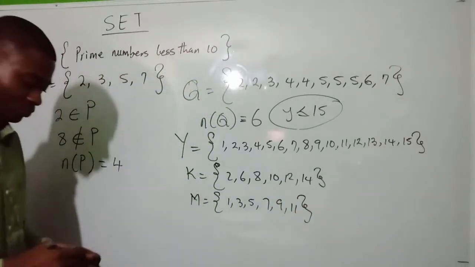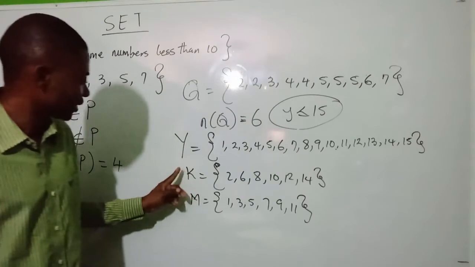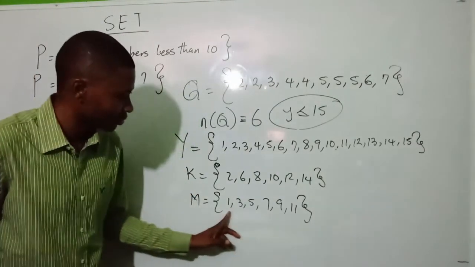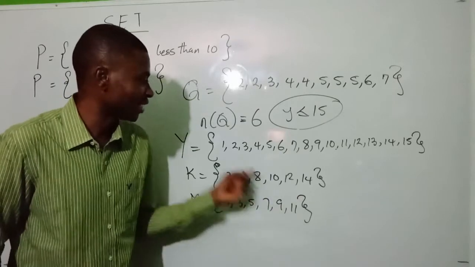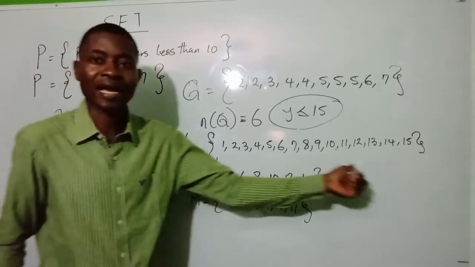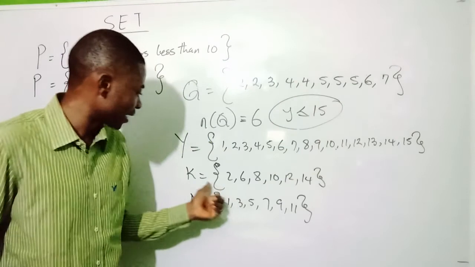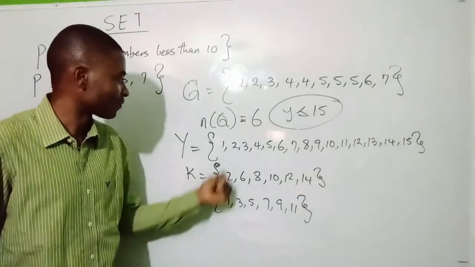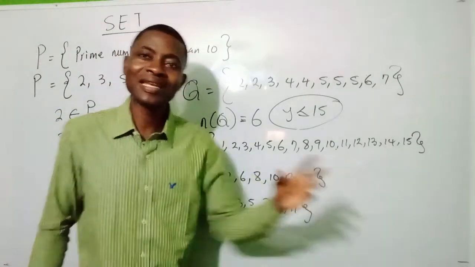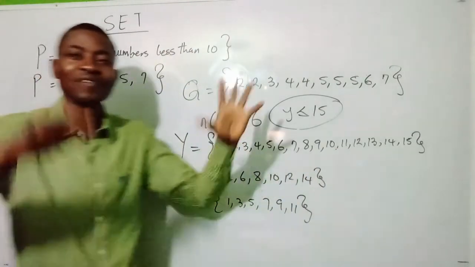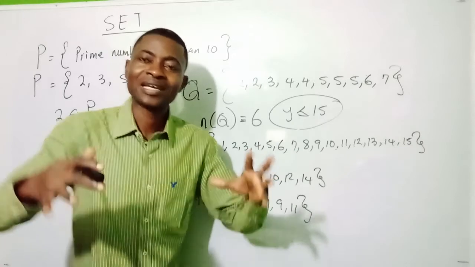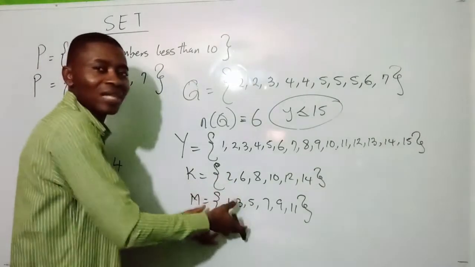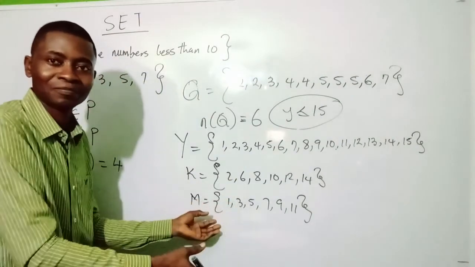If you look at set K and set M, you find out that all the elements that both of them contain, you can find them in this set Y. Meaning that set Y is a universal set, because it has all the sets that are included under it.